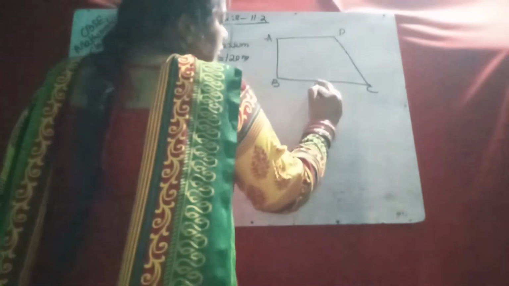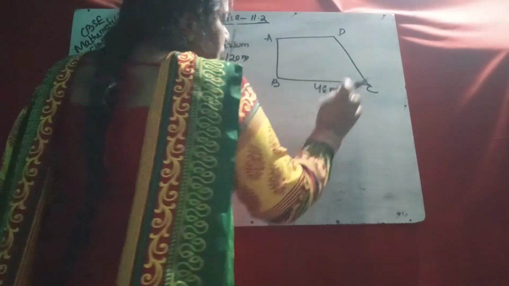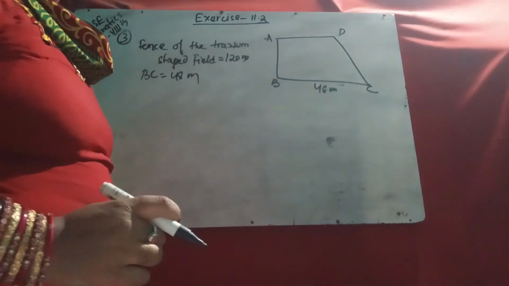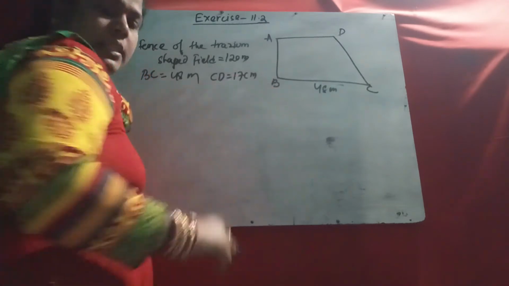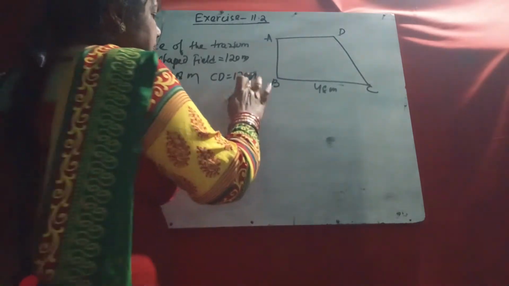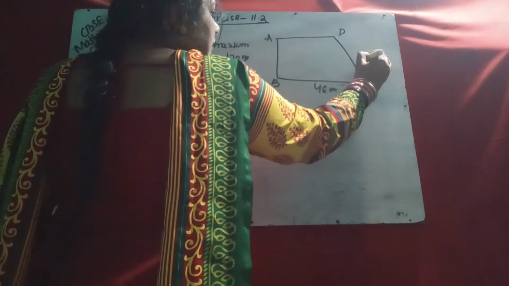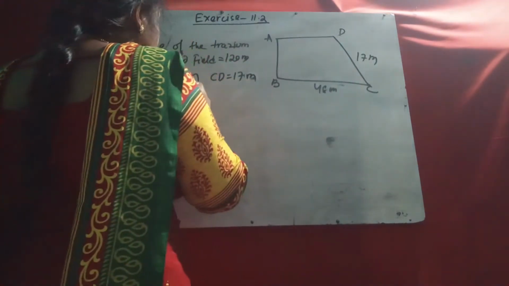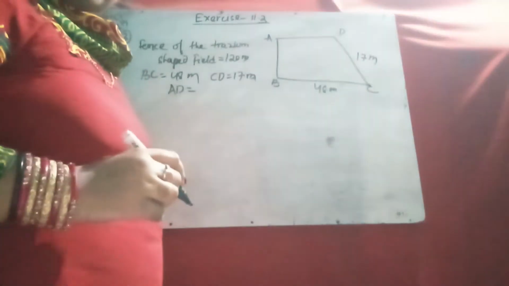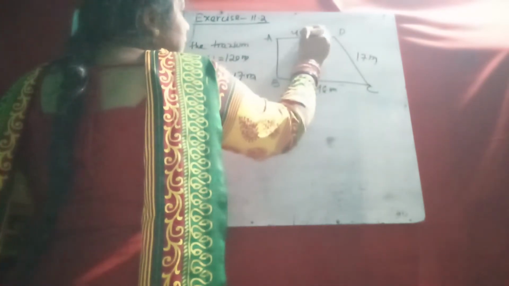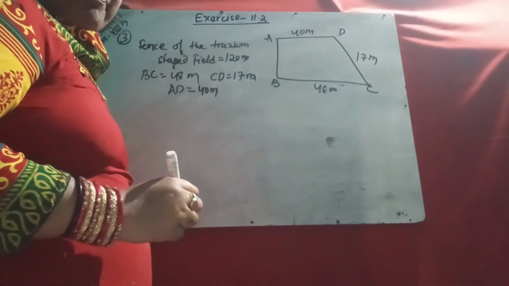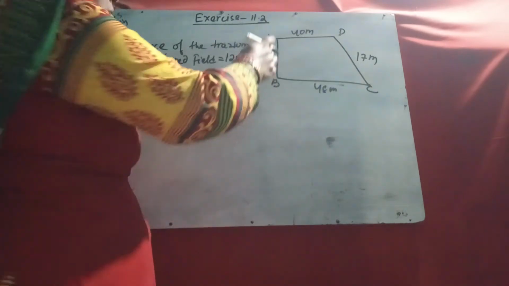So BC equals 48 meter. Then CD equals 17 meter, given. Then AD is also given, 40 meter. AD equals 40 meter. Then you have to find AB.